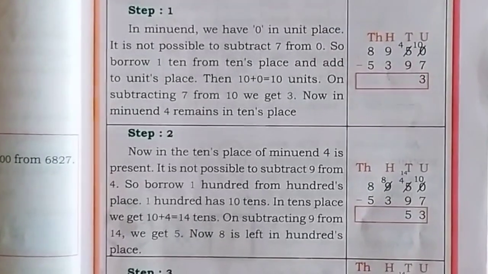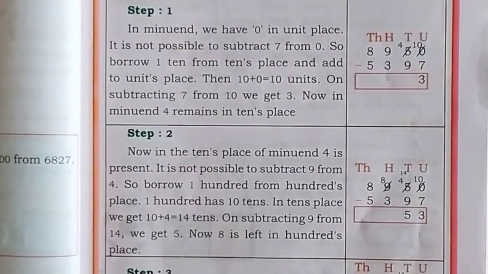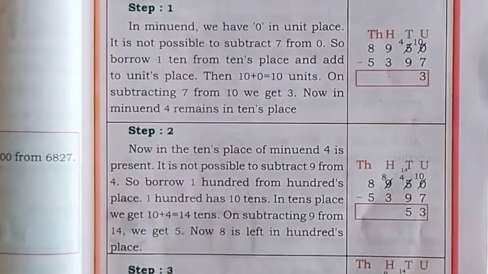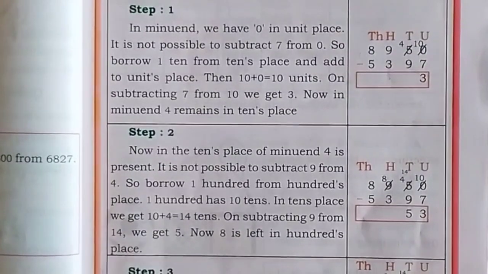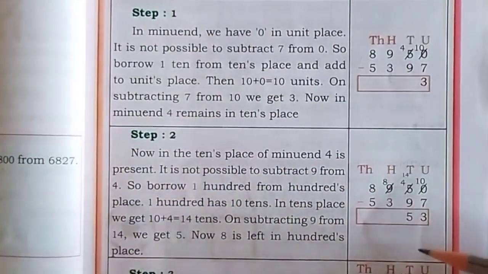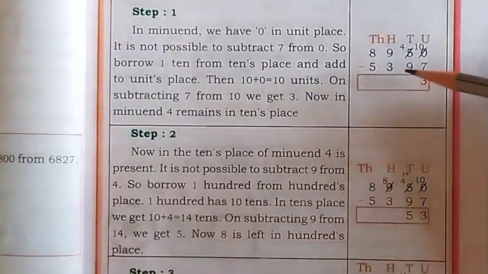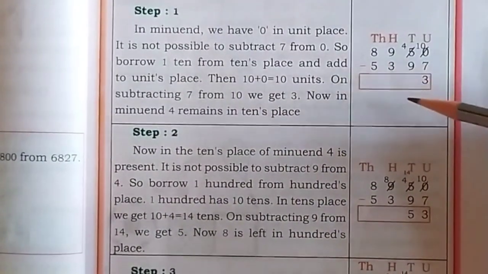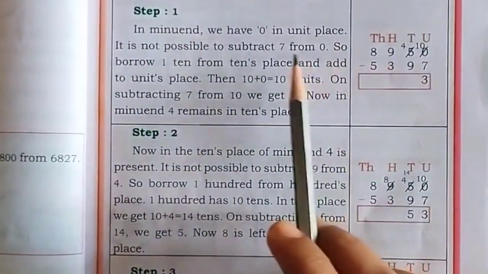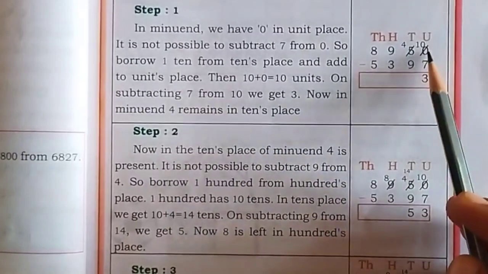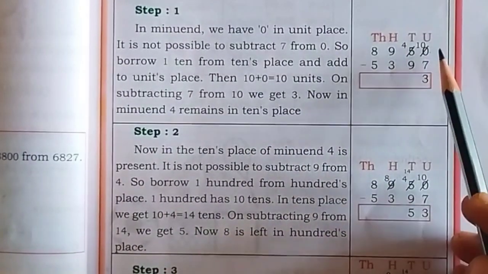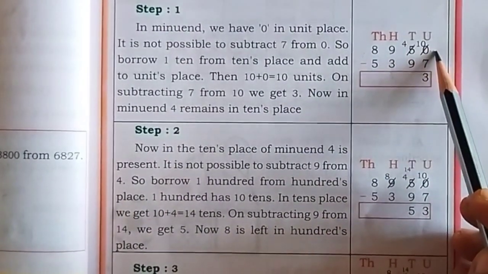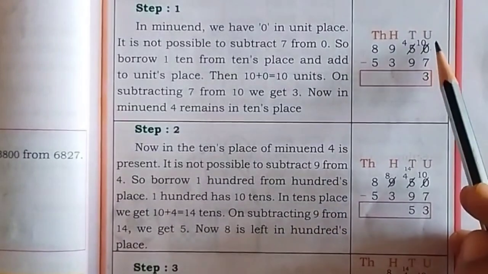So children, this 4-digit number with borrowing is difficult for you. So they given stepwise. Now we will going to learn in detail how to subtract with borrowing. Step 1. The minuend we have 0 in the unit place. It is not possible to subtract 7 from 0.